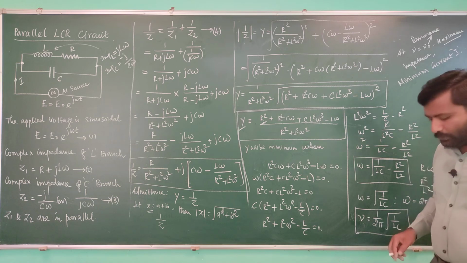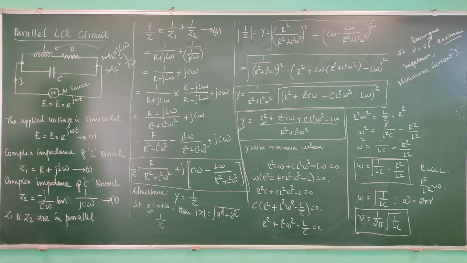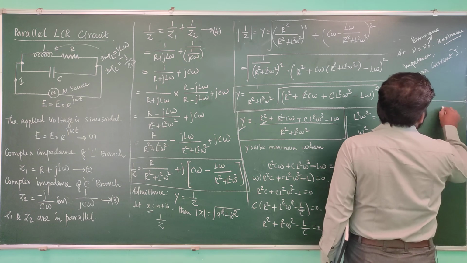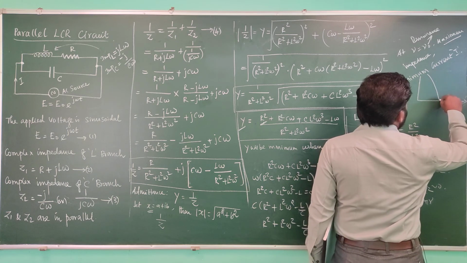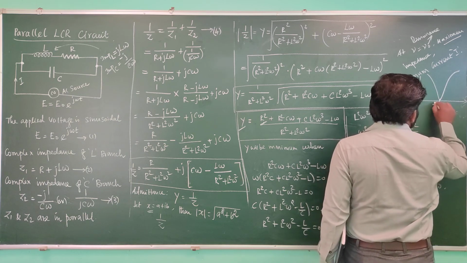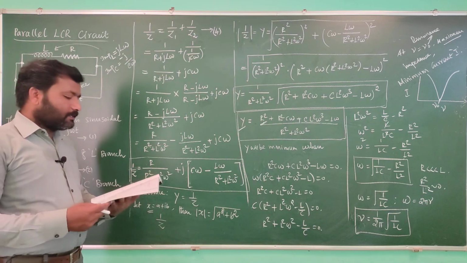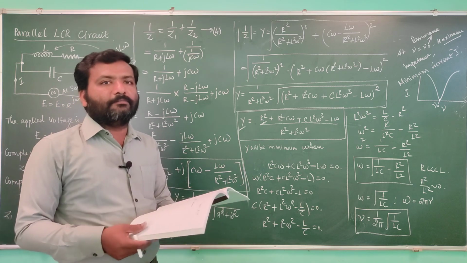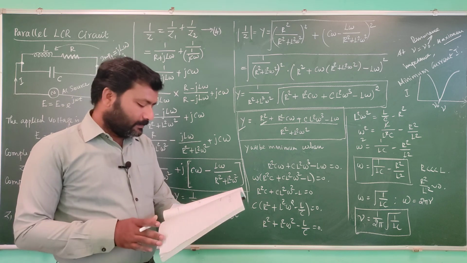If we draw the diagram for applied frequency versus current, it will show a graph like this, where this point is nu naught. So the resonance curve looks like an inverted Gaussian curve when compared with the series LCR circuit.